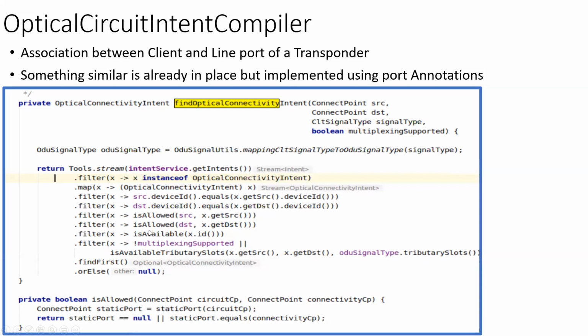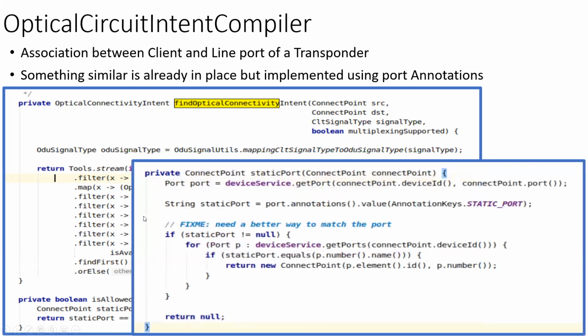For the circuit intent, I guess the work to be done is not very complex, because the integration is already coded here. What you have to do is, instead of using the annotation here, call your behavior.